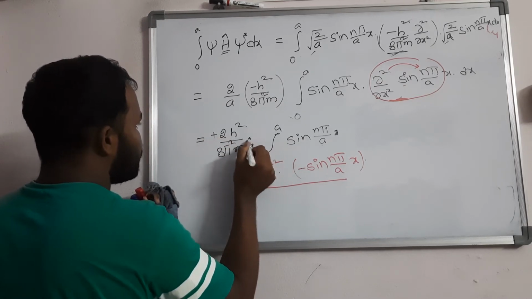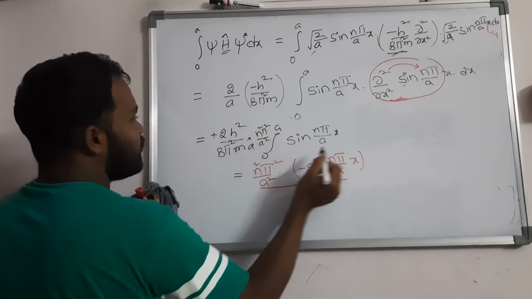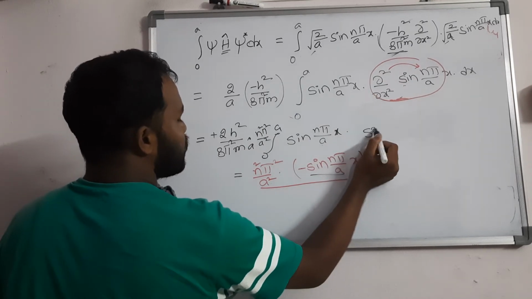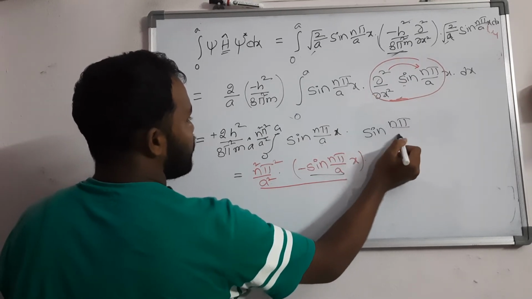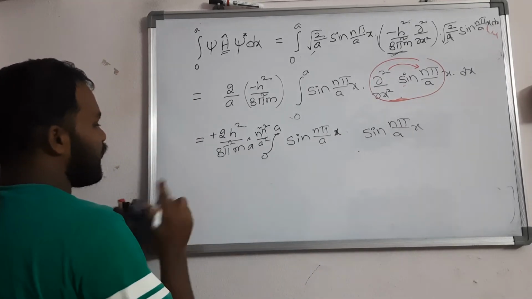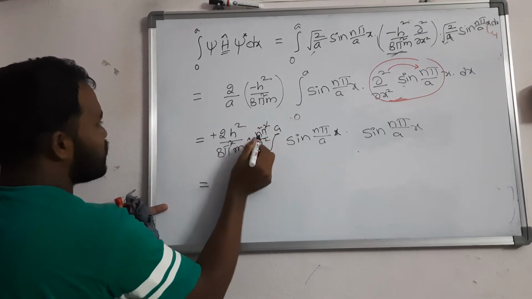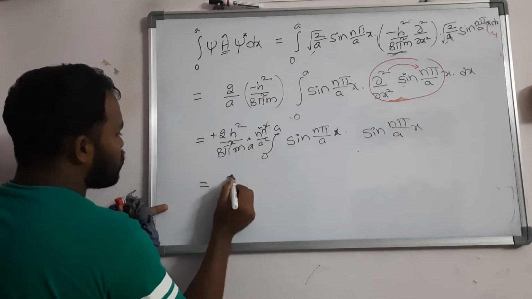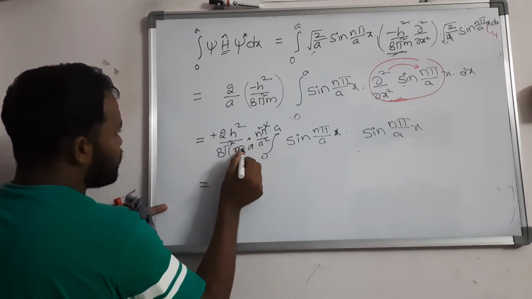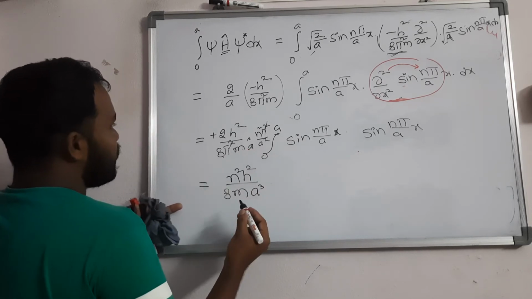So again you should write into n square pi square by a square, into sine n pi by a into x you got. If you write as it is, here pi square gets cancelled, you will get n square h square by 8, as it is, m into a square is a cube, m a cube.